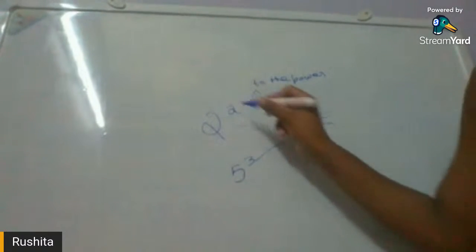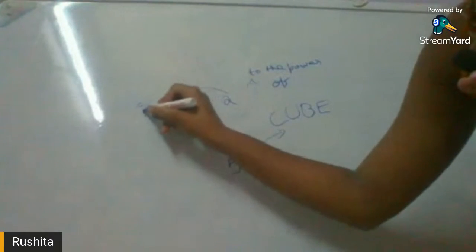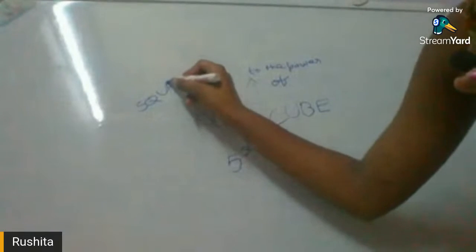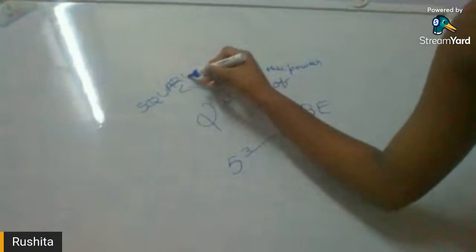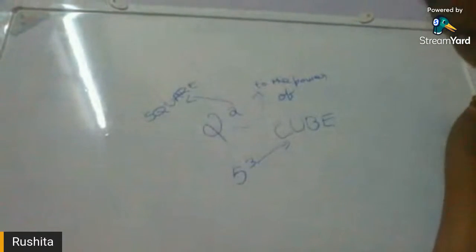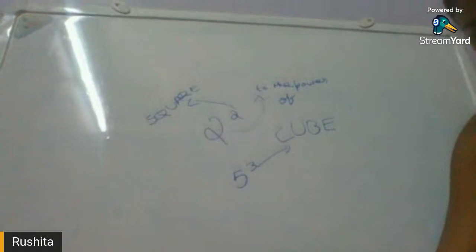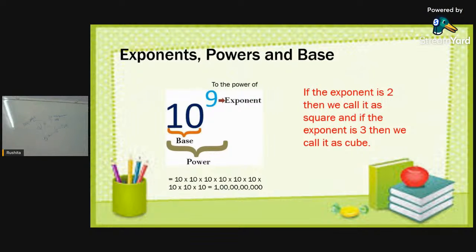This one as cube and this one as square, right? So in this way you can say them. Now let's go to the next slide in the presentation.